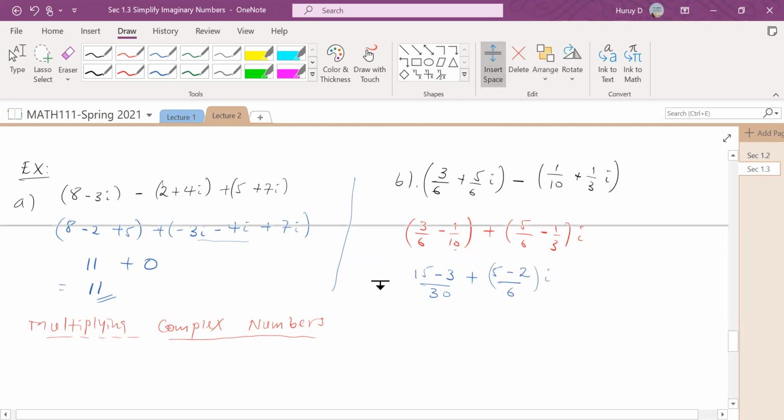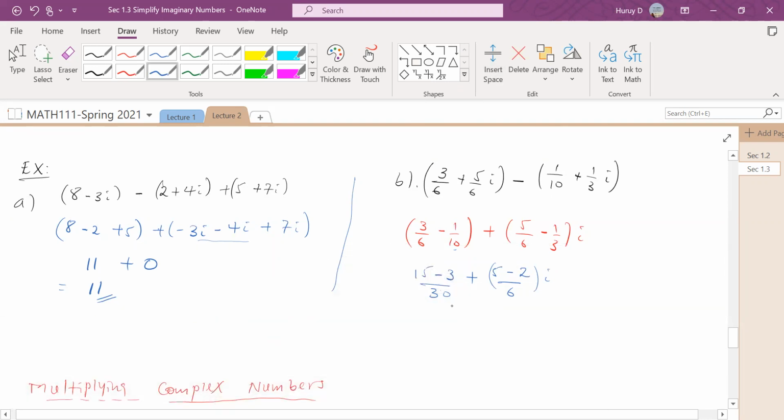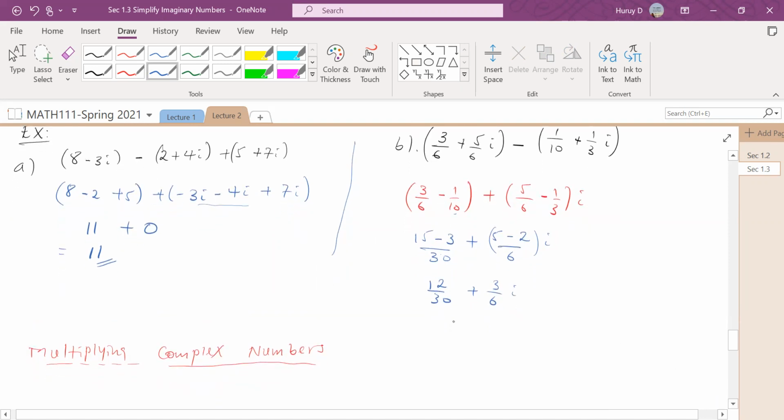And we have 12 over 30 plus 3 over 6i. 12 over 30 is 2 over 5, plus 1 over 2 i.